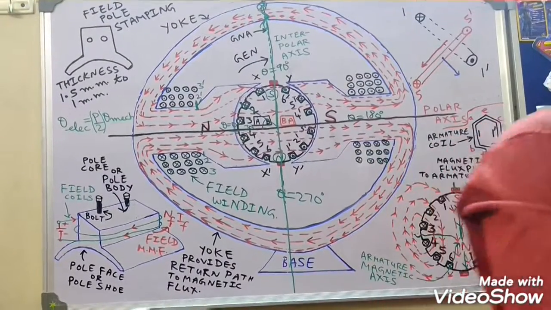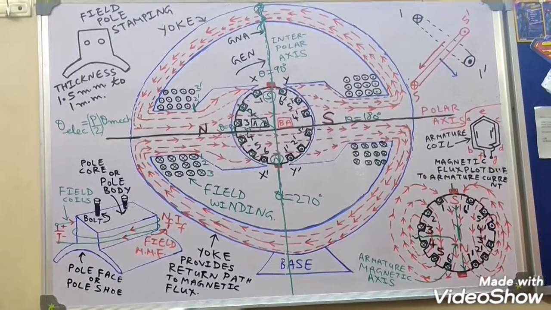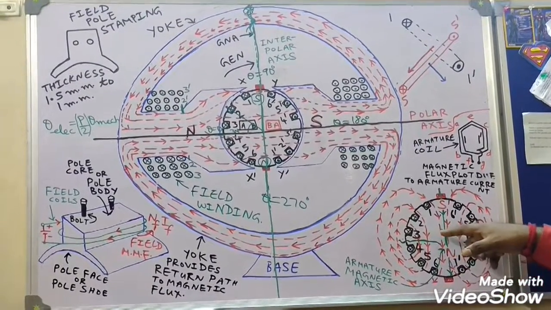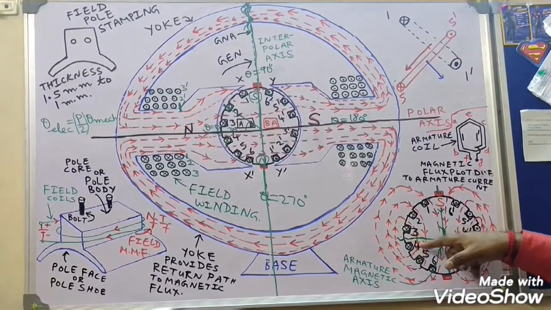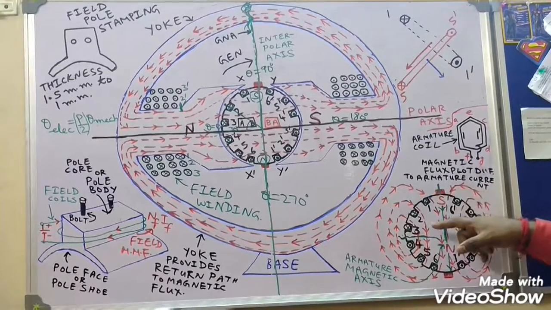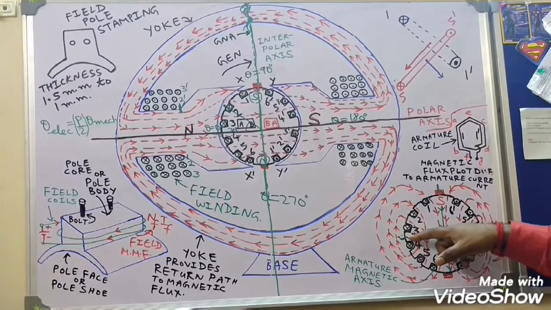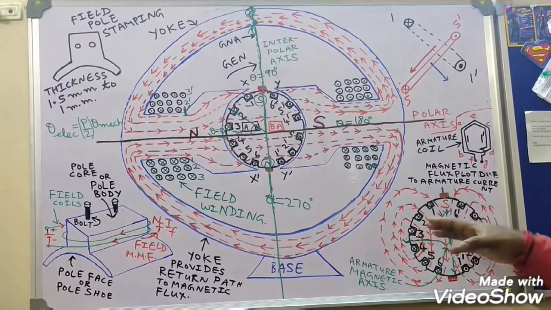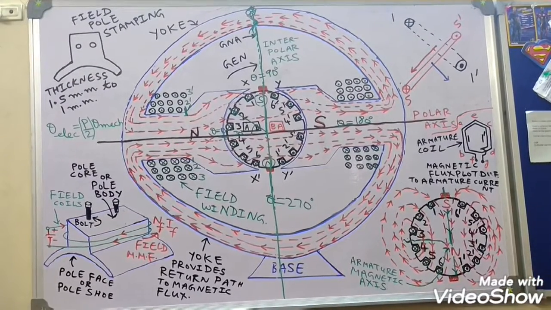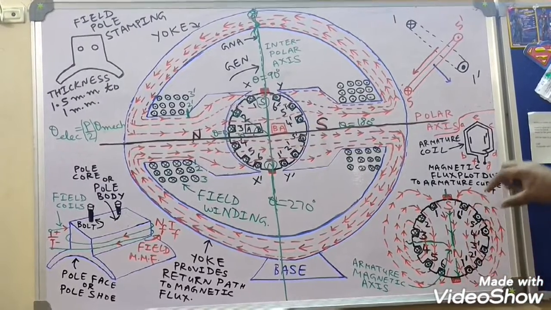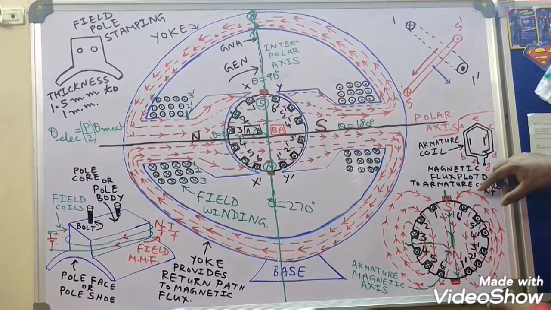Okay, so let me draw it, but you need to remember what I have said. For armature MMF variation, you have to take the developed view of the armature, you have to cut the armature core at that point where no lines of flux are entering or leaving the armature core. Now, which lines of flux am I talking about? It has to be made very clear: armature lines of flux, or armature flux. This magnetic flux is not due to field current.